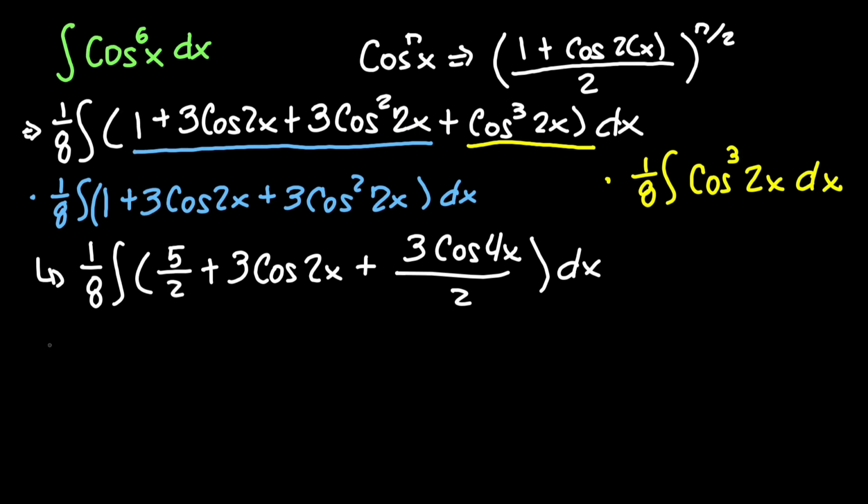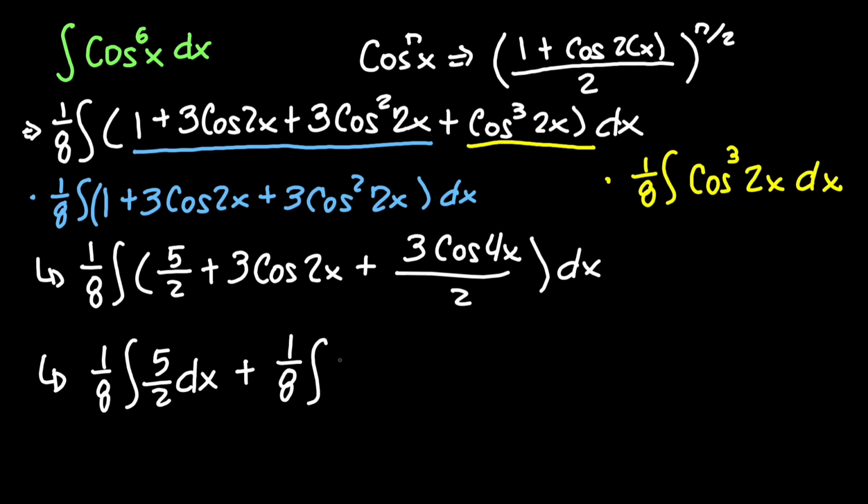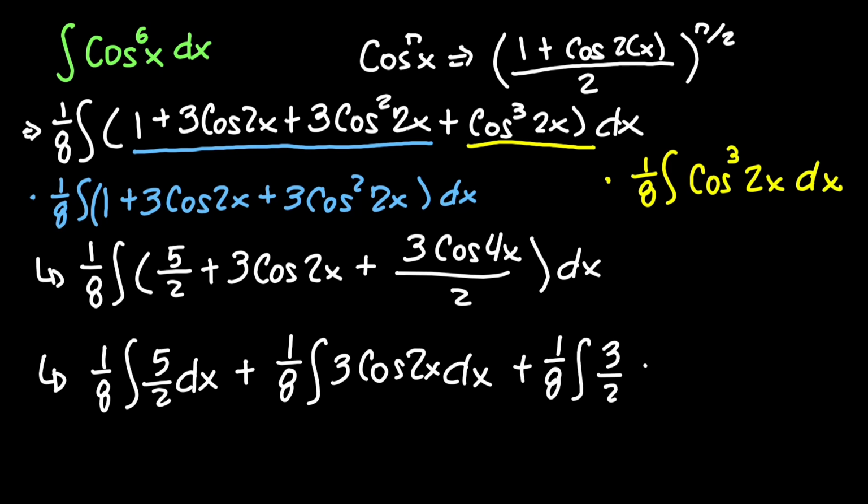So we can split this integral apart for simplification. This would be 1/8 integral of 5 over 2 dx plus 1/8 integral of 3 cosine 2x dx plus 1/8 integral of 3 halves cosine of 4x dx.